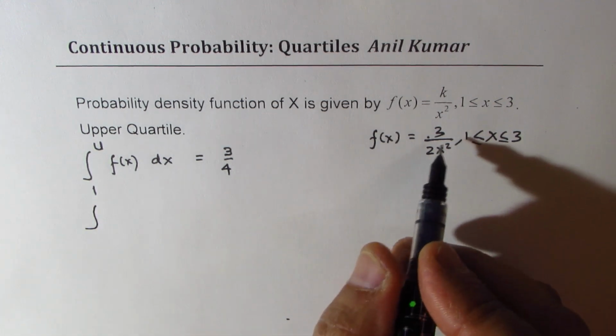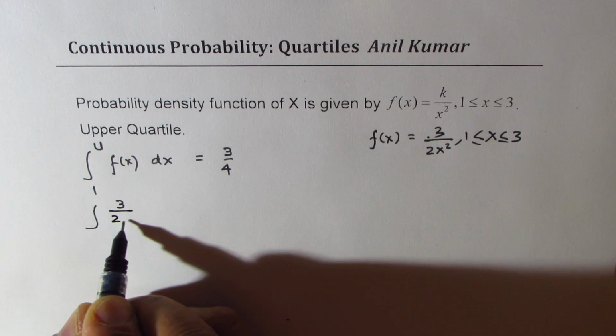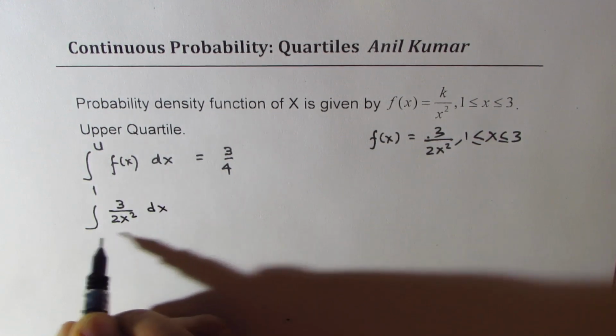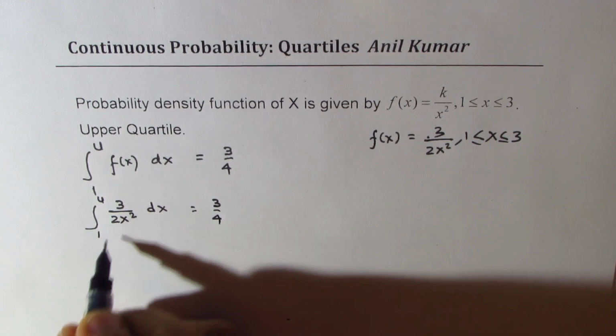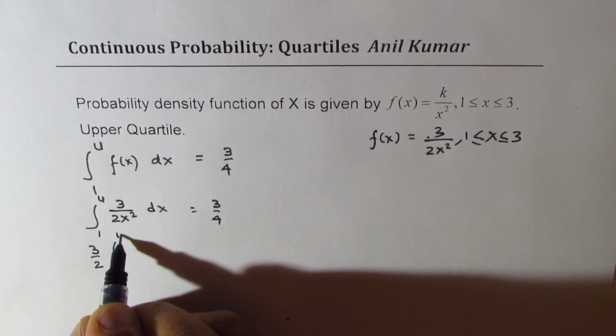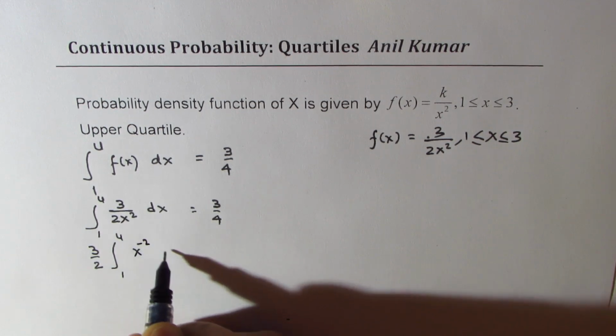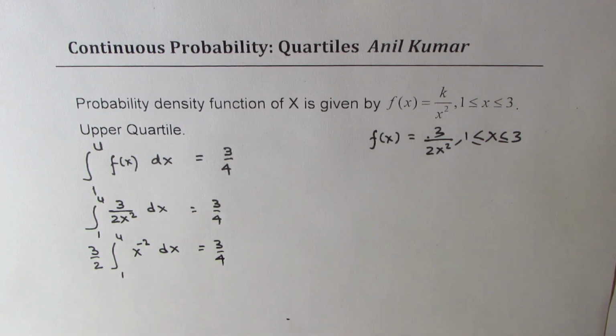Now, as we did earlier, we are going to substitute this value, which is 3 over 2x squared dx from 1 to u, should be 3 over 4. 3 over 2 is constant, taking it outside. We get x to the power of minus 2 dx should be equal to 3 over 4. And that gives you 3 over 2.